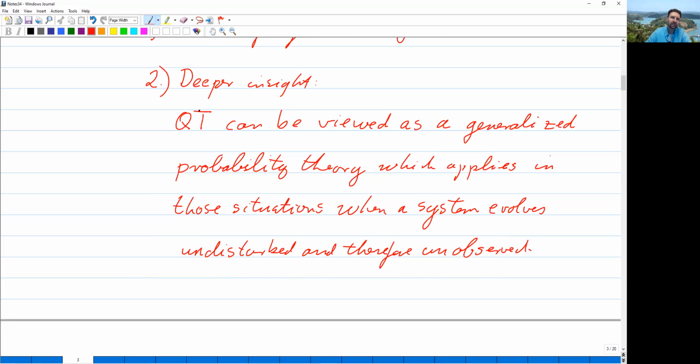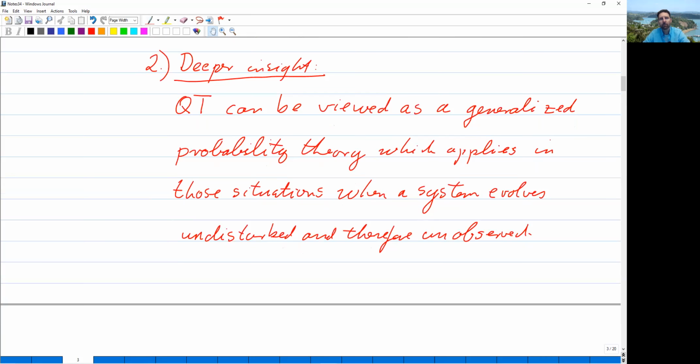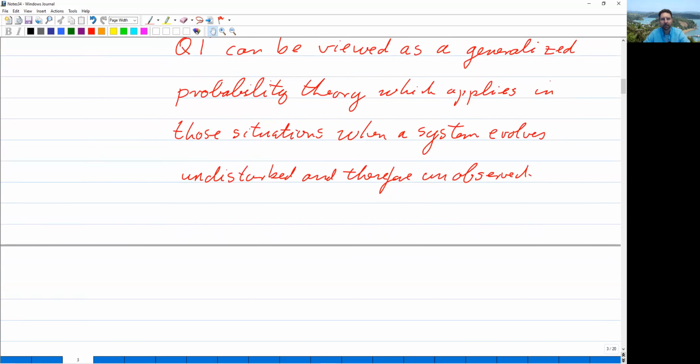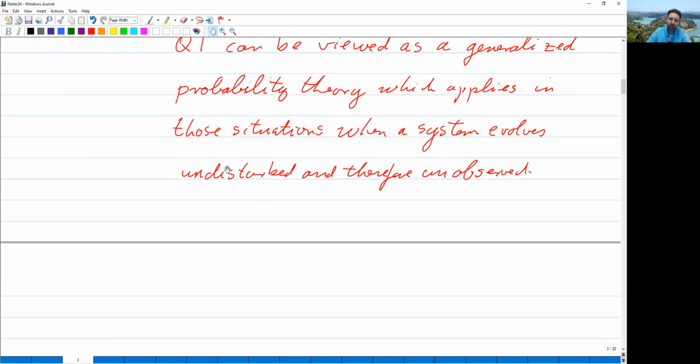Let us start with this deeper insight. In what sense does Feynman derive that quantum theory is a generalized probability theory that applies when systems evolve undisturbed? To see how this comes about, let us start with ordinary probability theory.